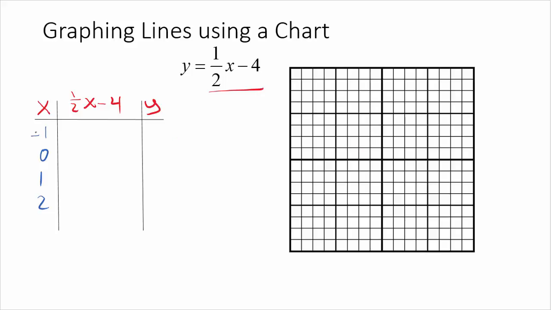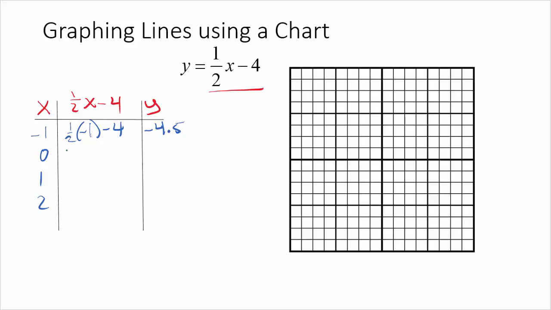All right, so again, plugging this in, I've got 1/2 times -1 minus 4. Now, -1 times 1/2 is going to be -0.5, and if I subtract 4 from that, you can check me in your calculator here, but that should be -4.5 or -4 1/2.